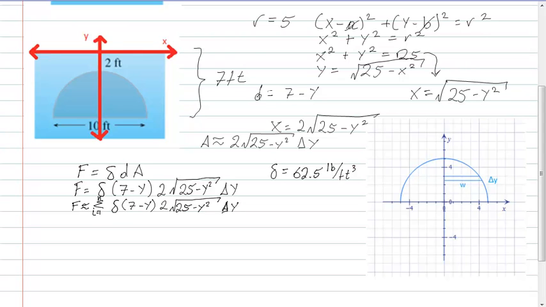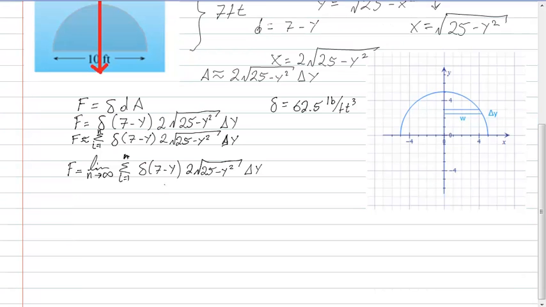In order to evaluate to an exact number, we would have to take the limit as n goes to infinity, giving us the force equals the limit as n goes to infinity of the sum of delta times (7 minus y) times 2 times the square root of 25 minus y squared dy, which is the definition of the integral.